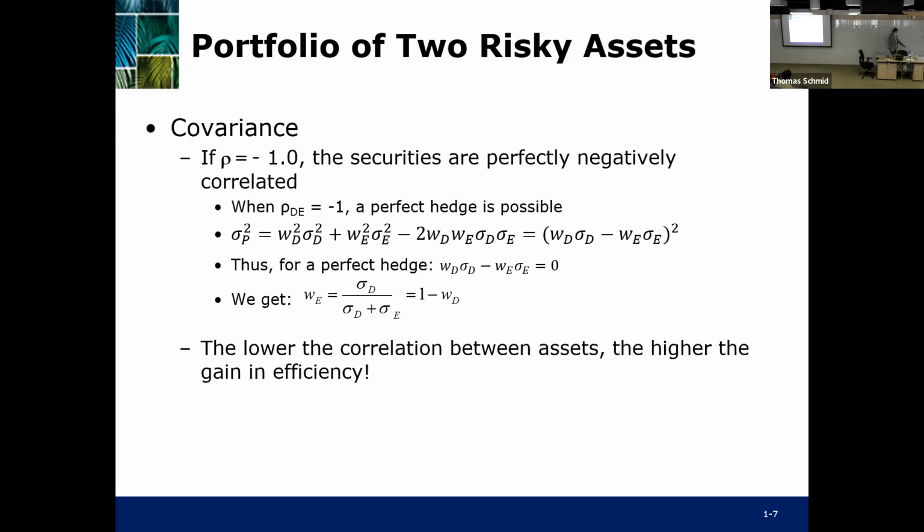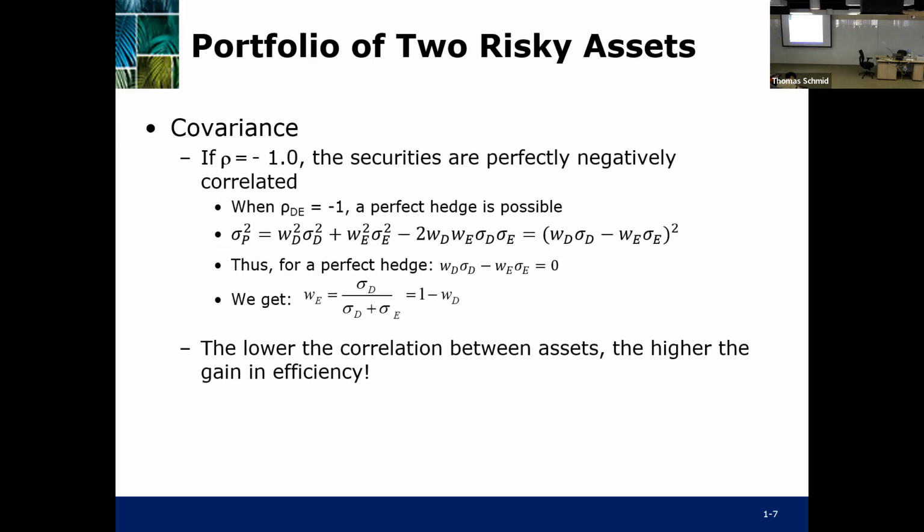Good. So what happens if we have a perfect negative correlation? So, second extreme case, perfect negative correlation.